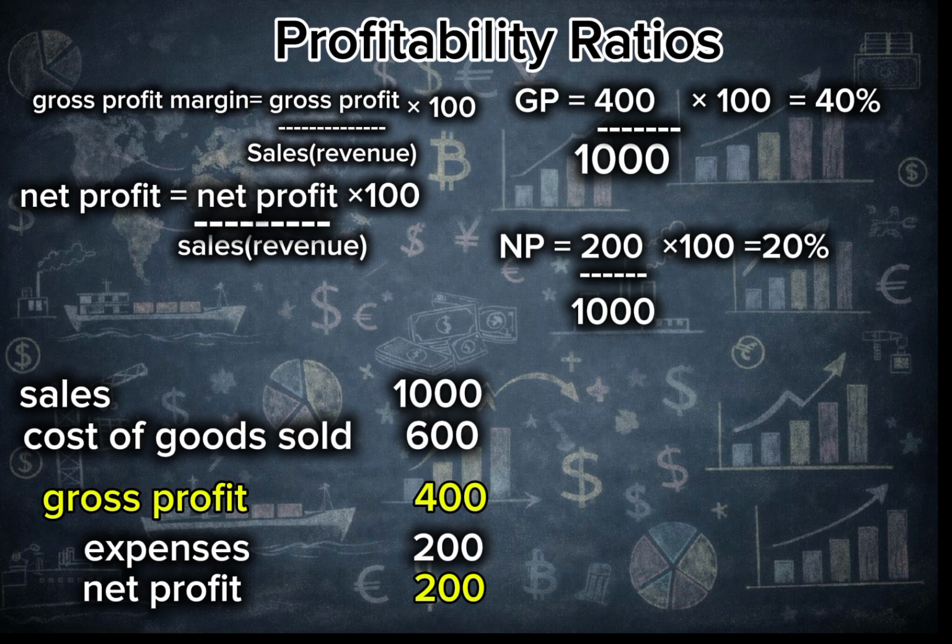These two ratios I've just given you, the net profit margin and the gross profit margin, show our ability to generate profit from what? From revenue. Remember, your sales is your what? Your revenue.